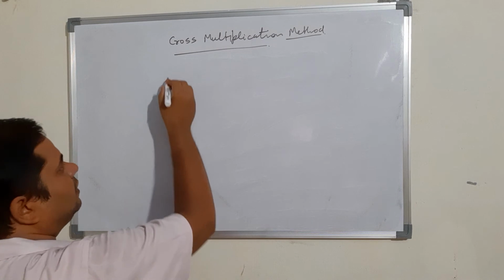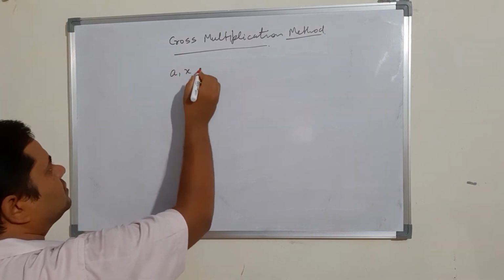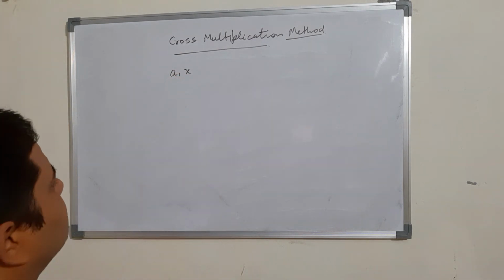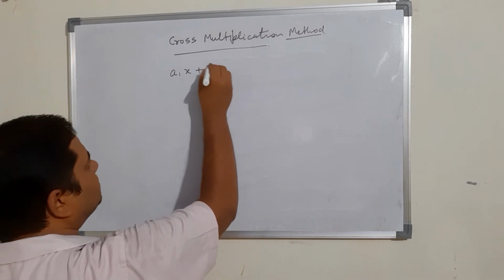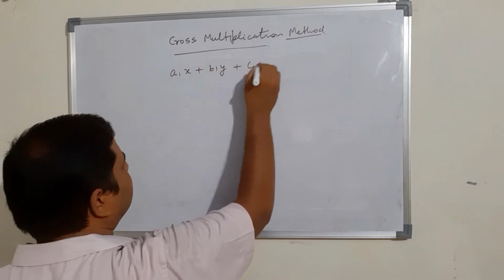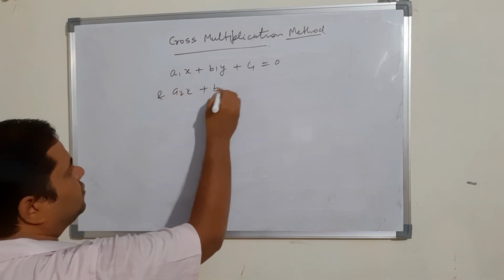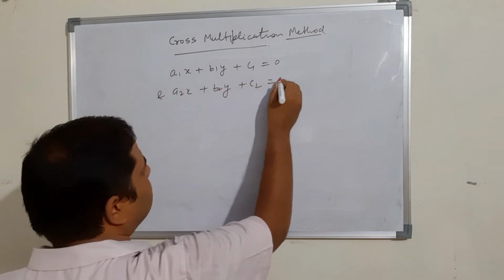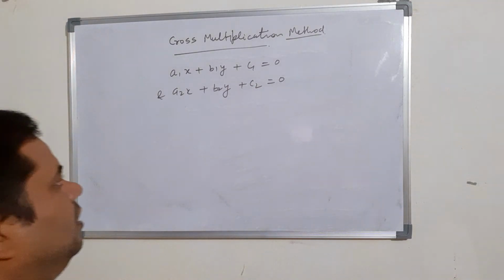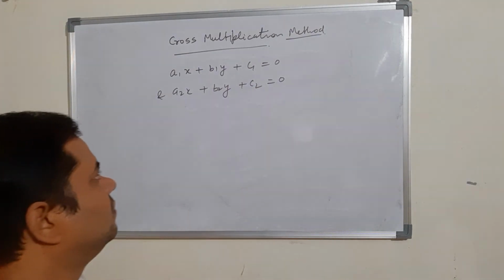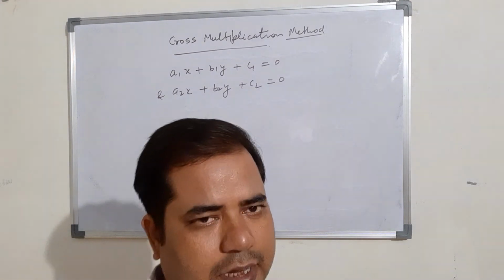In that method, suppose we are given the pair of linear equations a1x plus b1y plus c1 is equal to 0 and a2x plus b2y plus c2 is equal to 0. Then how will we get the value of x and y?